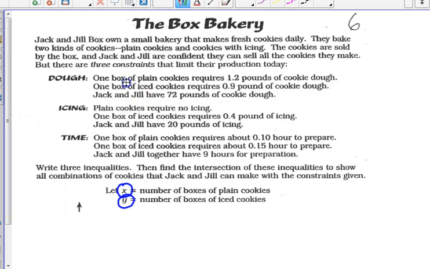We have so much dough, 72 pounds. So what are we going to write? Less than or equal to 72. I'm going to write them down here so I can copy them onto the next page in a minute.